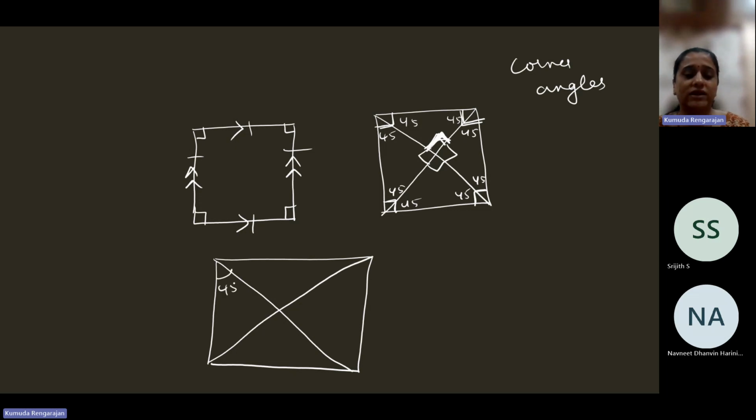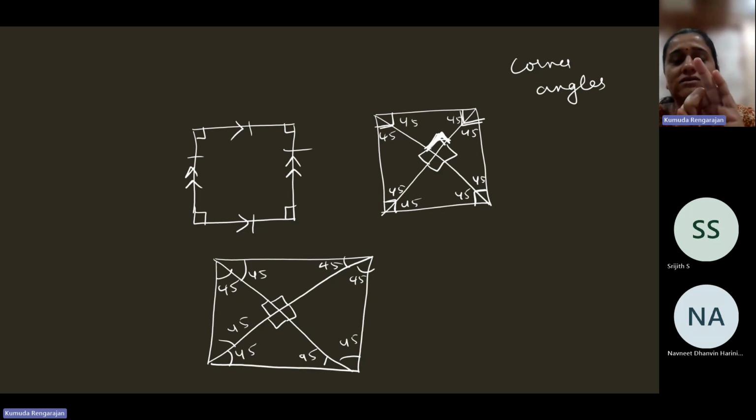This angle is 45. This is 90. This is 45. It's fixed. So diagonals are equal.